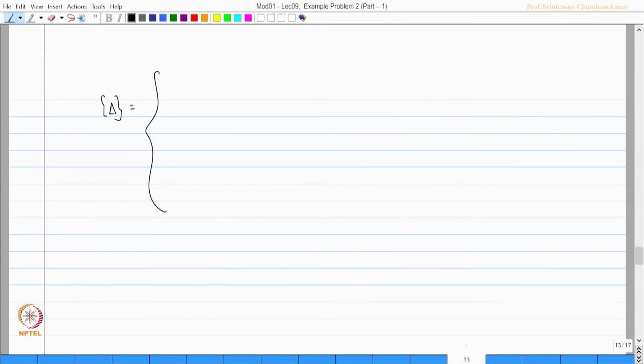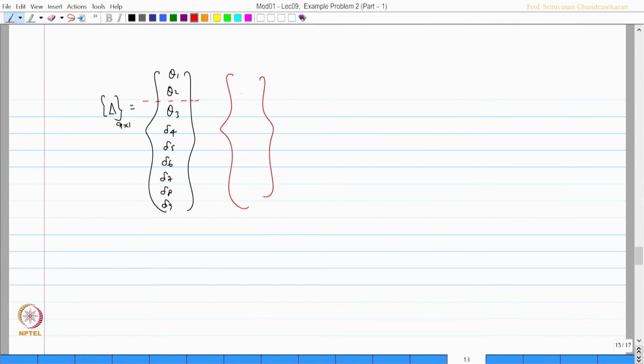So, this is going to be a vector of 9 by 1, which will have theta 1, theta 2, then theta 3, delta 4, delta 5, 6, 7, 8 and 9, where I am going to do a partition at this level. So, this is also written as delta U and delta R.